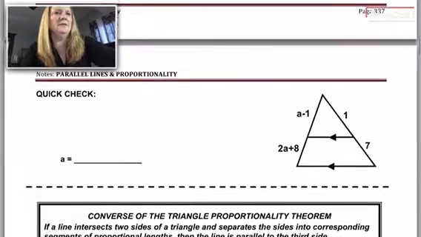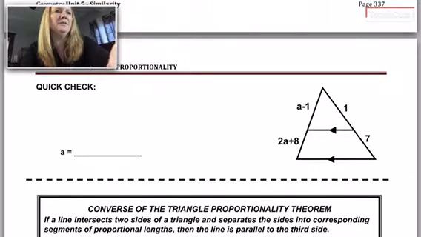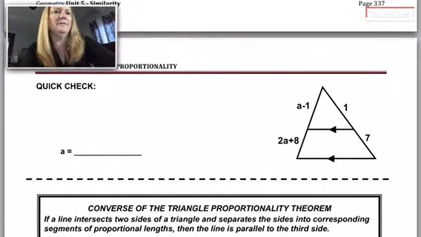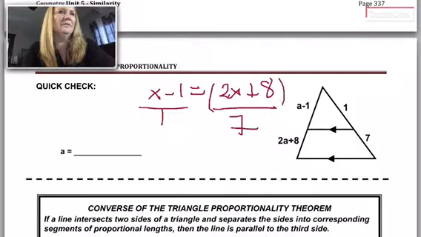Okay. So in the quick check, you should pause this and do it yourself. Okay, so I'm going to put, and I'm going to use x instead of a because my a's look like 9s. x minus 1 over 1 is equal to 2x plus 8 over 7.